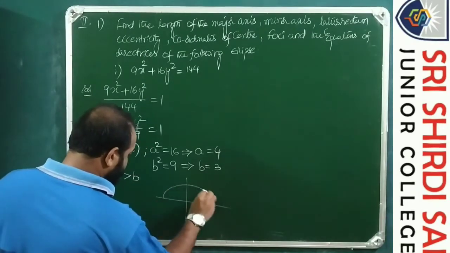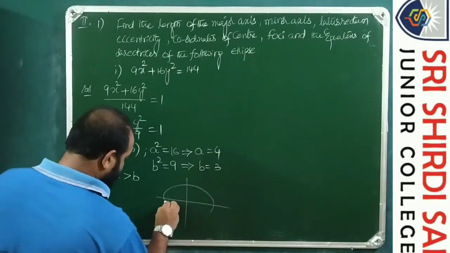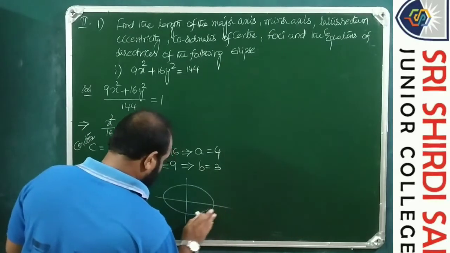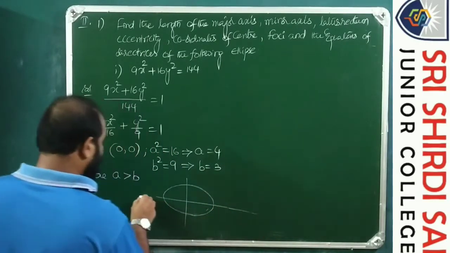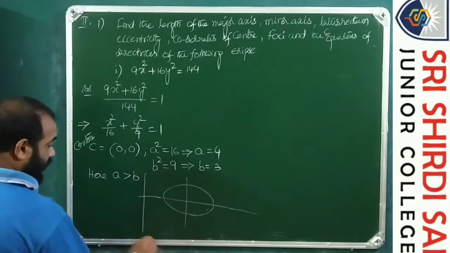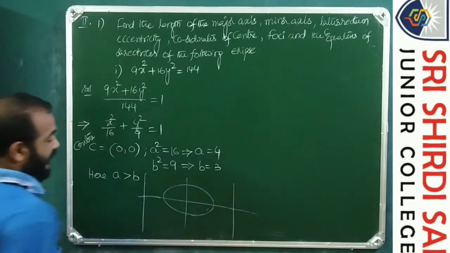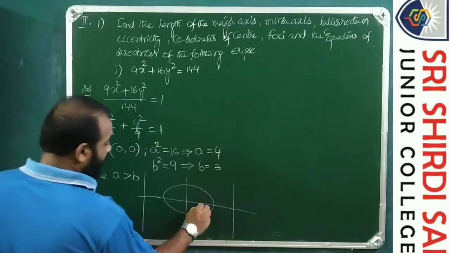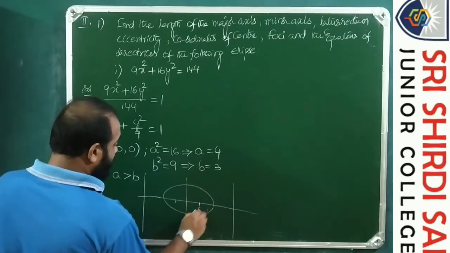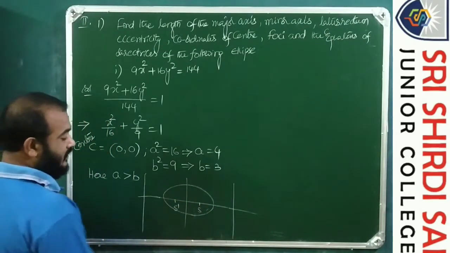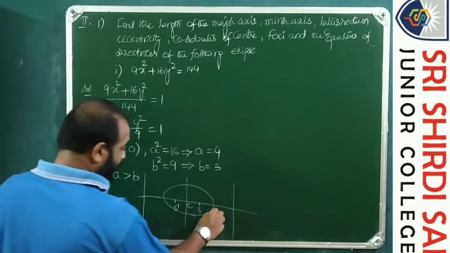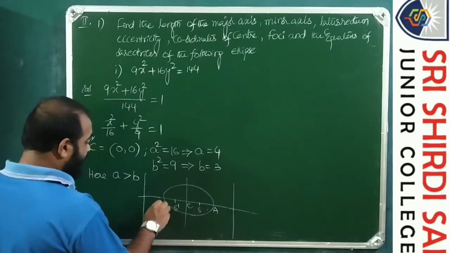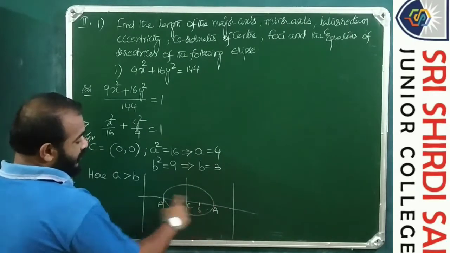So this is our supposed ellipse, and these are the directrices. S and S dash are the foci, C being the center which is 0, 0, and A and A dash are the vertices of the major axis.